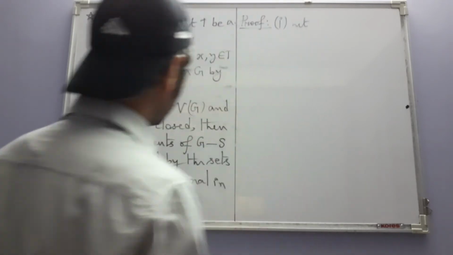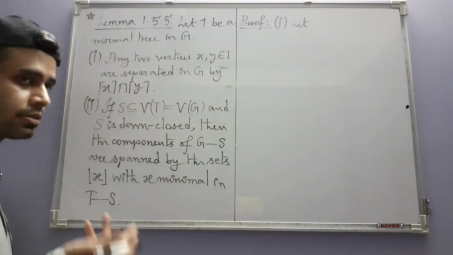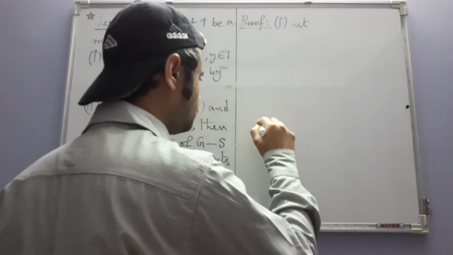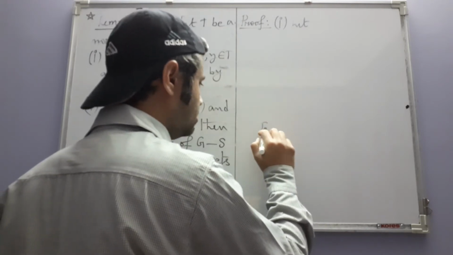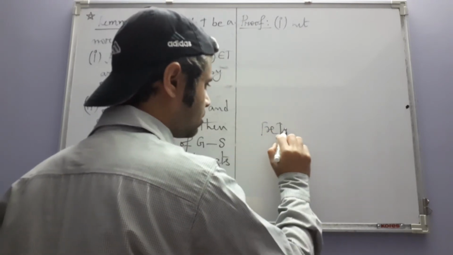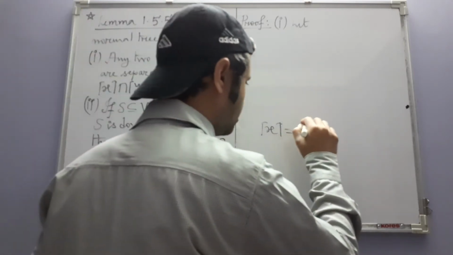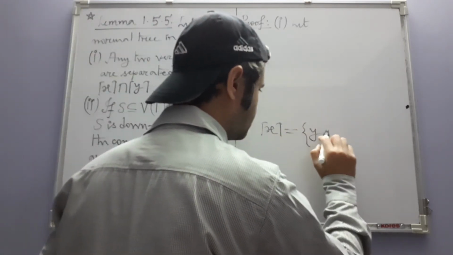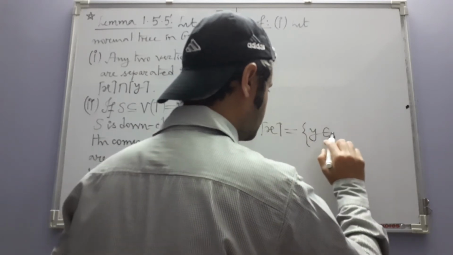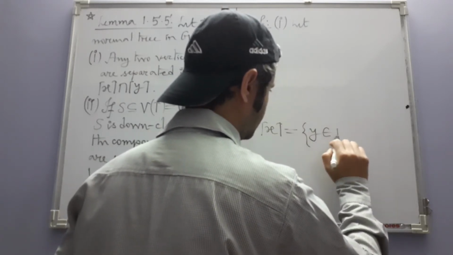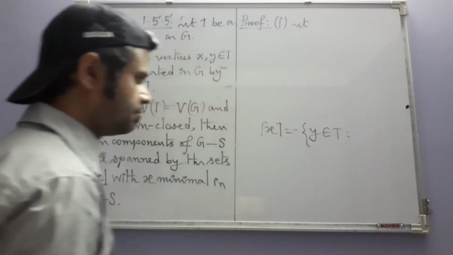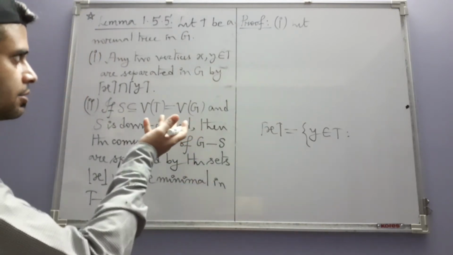So let us now recall first what these sets are. This set is called the down closure of the vertex x and is the set of those vertices in T.